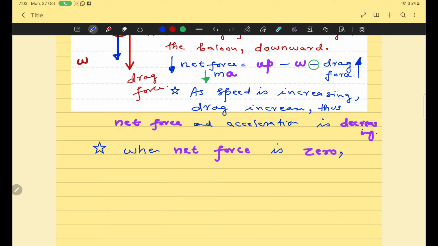And when it becomes zero, the velocity of the balloon will be maximum and constant.